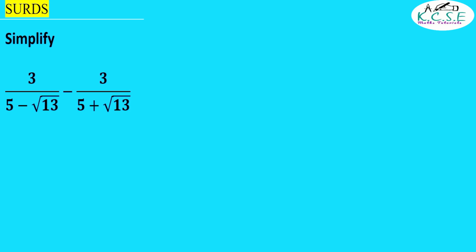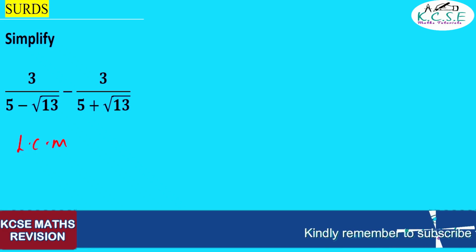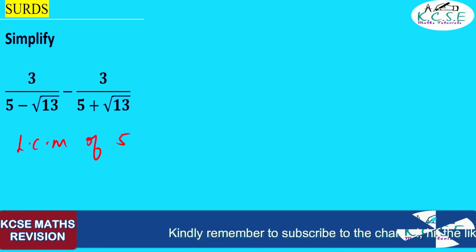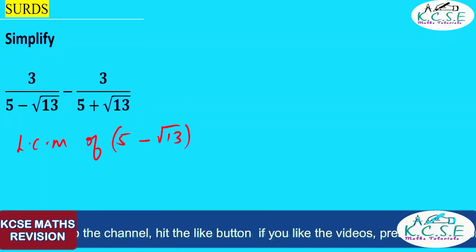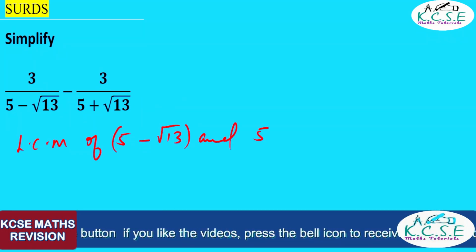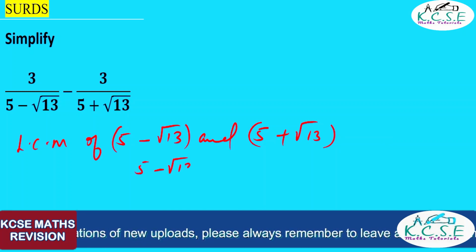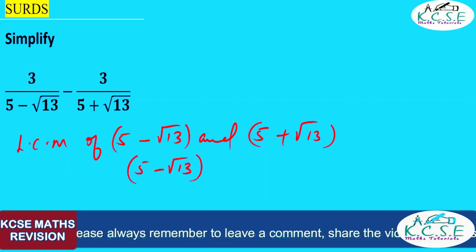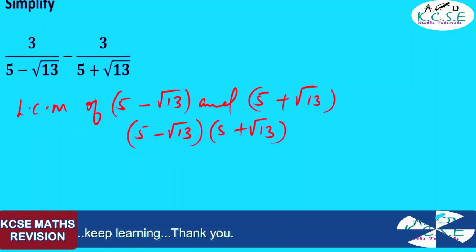We shall begin by getting the LCM, the least common multiple, of 5 minus root 13 and 5 plus root 13, and the LCM of these two will be 5 minus root 13 multiplied by 5 plus root 13. That is the LCM. Once we've done that, we come to the question.